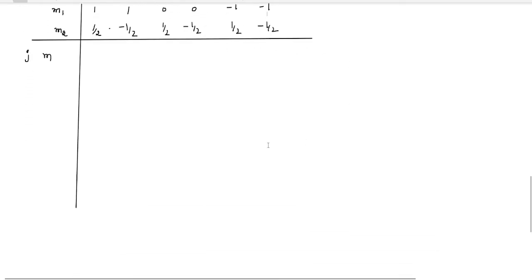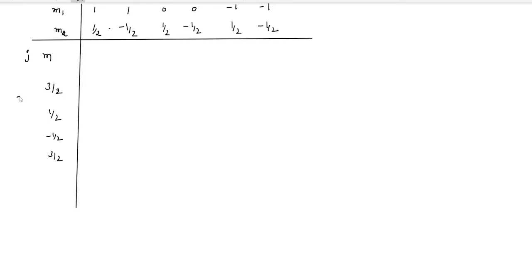So here I'm going to write these 6 things, the m values, whatever I got above. One is 3 divided by 2, another one is 1 divided by 2, another one is minus 1 divided by 2, another one is 3 divided by 2. So j is minimum value.